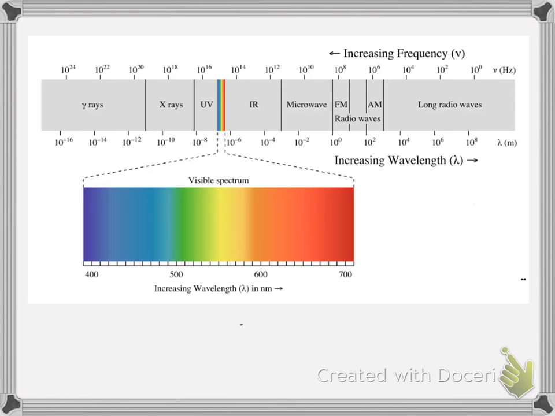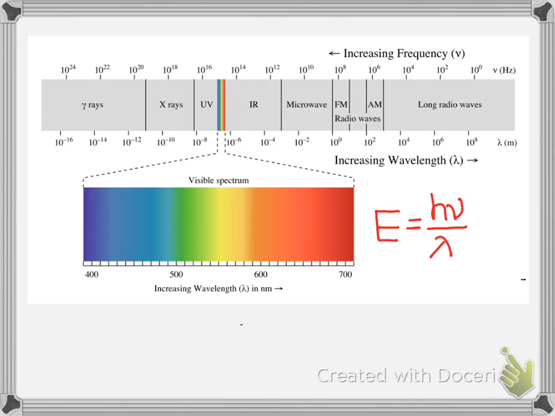So here is the electromagnetic spectrum, and it gives you an idea. There's evidence of this wave-like nature, how this energy travels through space like a wave in tiny packets, and we can relate that to the energy of the little packets of light, which we call a photon.